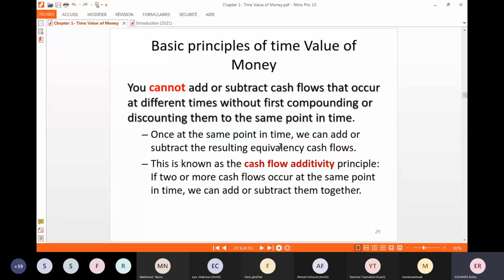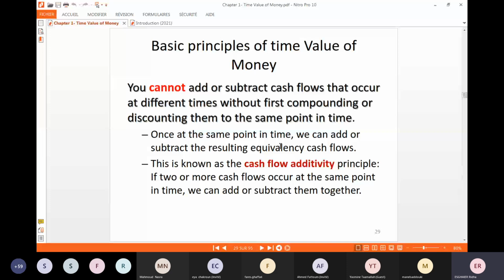This is known as the cash flow additivity principle. According to the cash flow additivity principle, we cannot add or subtract cash flows that occur at different times without first computing their value by compounding them or discounting them to the same point in time.